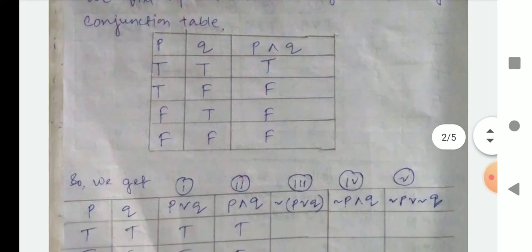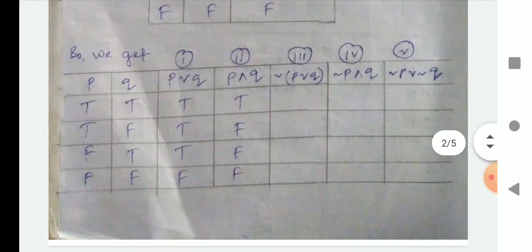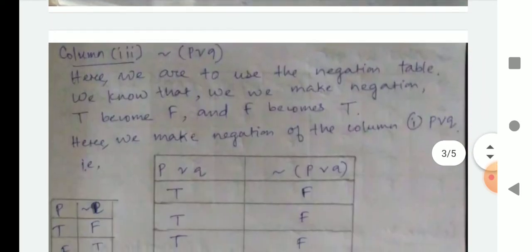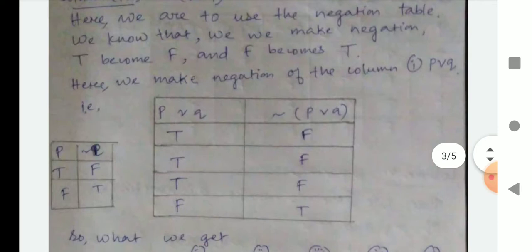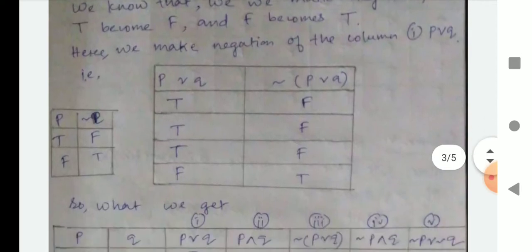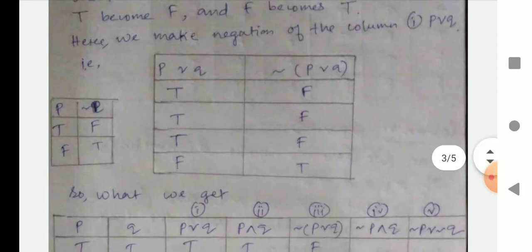Now we will go to column 3, that is given as negation of P disjunction Q. So we have to make the negation of the whole part P disjunction Q, and here we use the negation table. We know that when we make a negation, T becomes F and F becomes T. Here we make the negation of the first column, P disjunction Q. If P is a statement, then negation P is given by: when P is true, then negation P is false.